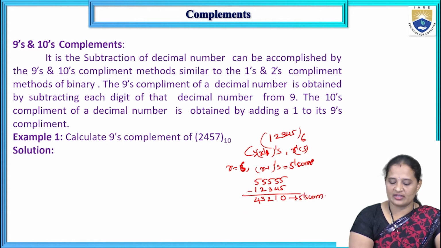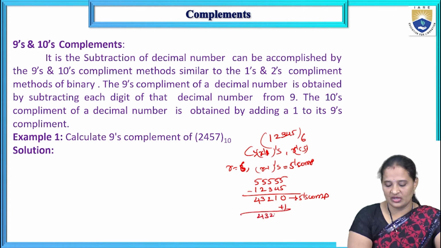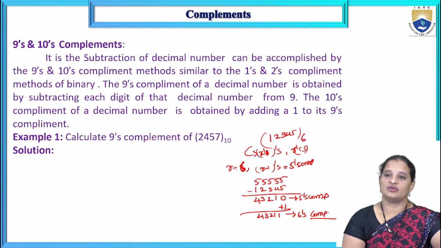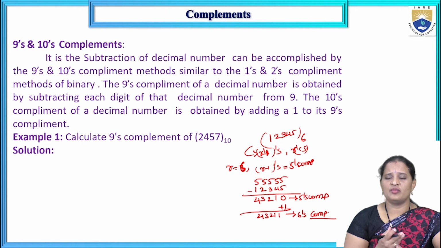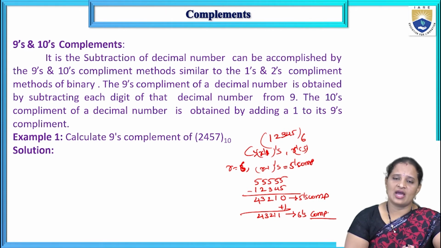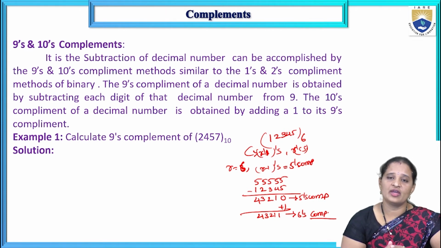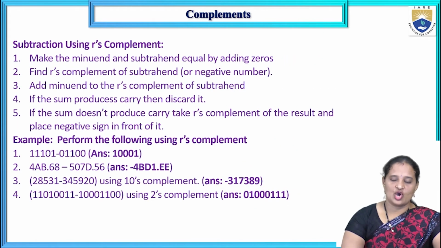Now I want to get the 6's complement, so plus 1. So 4, 3, 2, 1, 1 is the 6's complement of the given number 1, 2, 3, 4, 5. Okay. So like that you can calculate the r's and r minus 1's complement of any number system. So that is about complements.